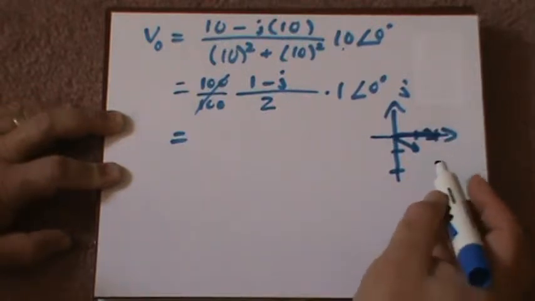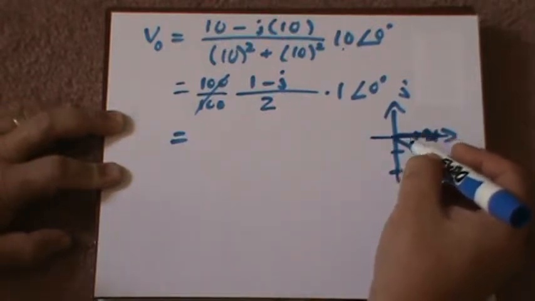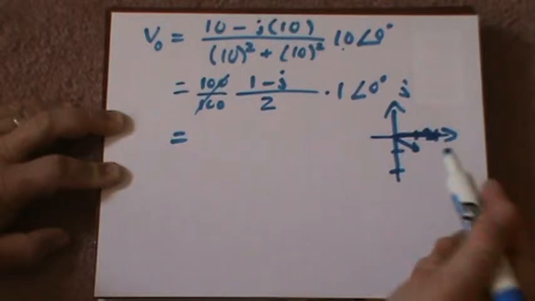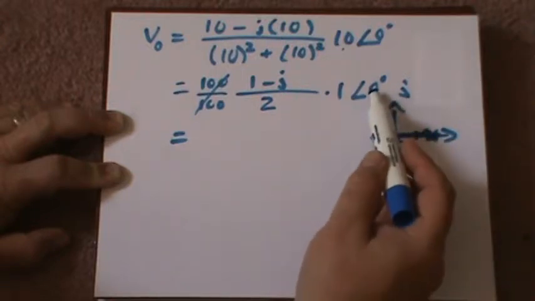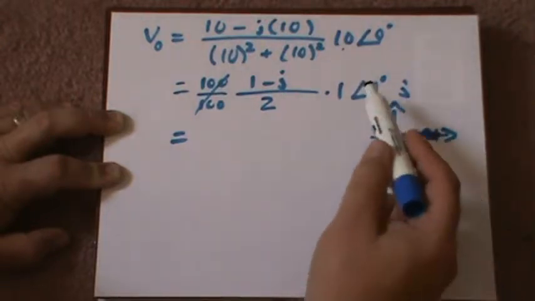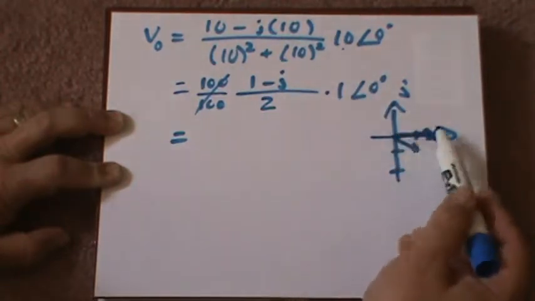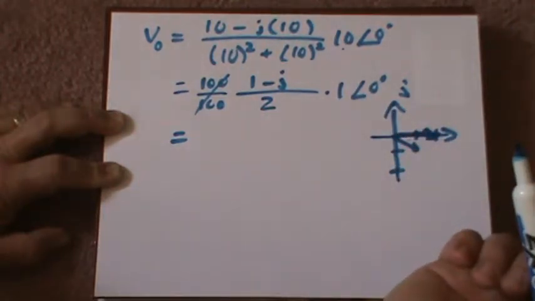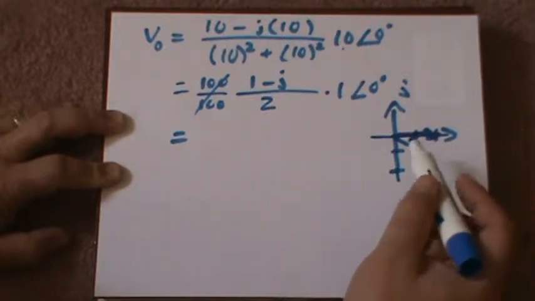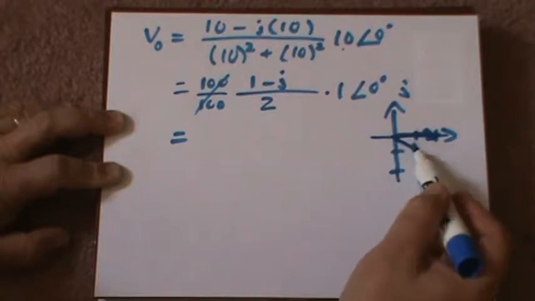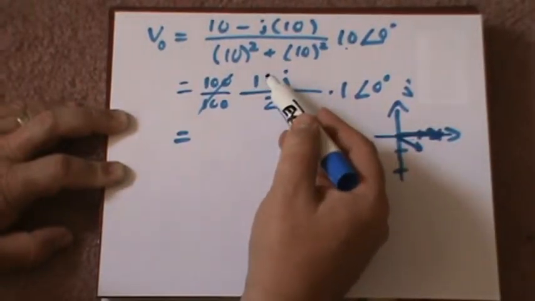Now, if you think about it, the angle of this one is minus 45. Now, 1 angle 0, that's just 1. The degrees are not going to change anything when I add them, and the magnitude when I multiply it is 1, so it's not going to scale anything. So the only thing I'm going to end up with is this one's magnitude, this one's angle. So I end up literally just with this.